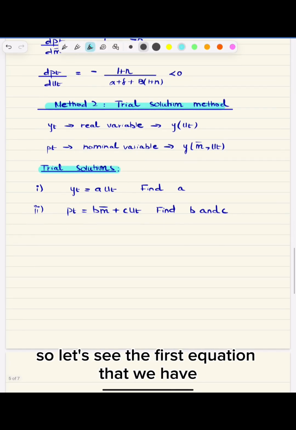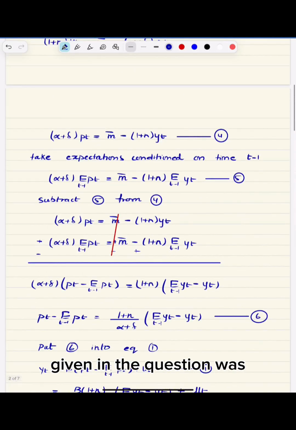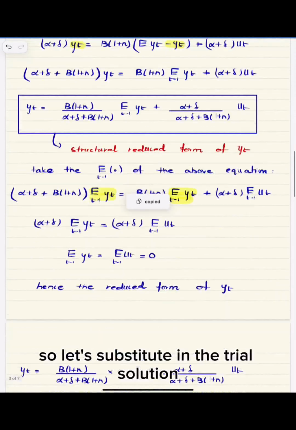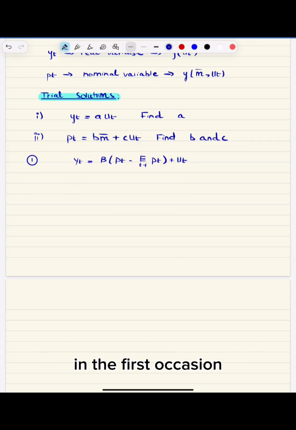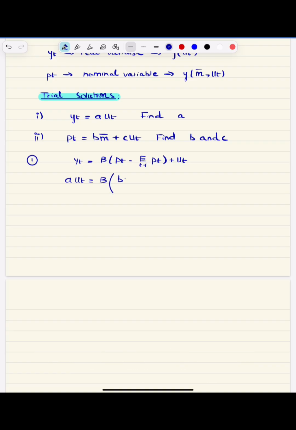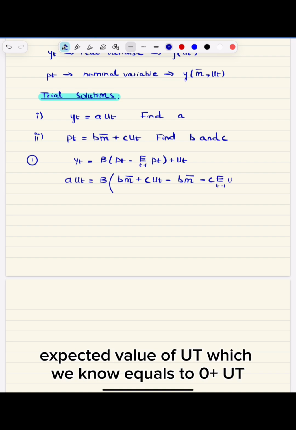Okay, so let's see. The first equation that we had been given in the question was this. Okay, so let's substitute in the trial solution. In the first equation, we'll get A ut equals beta (B m bar plus C ut minus B m bar minus C expected value of ut, which we know equals 0) plus ut.